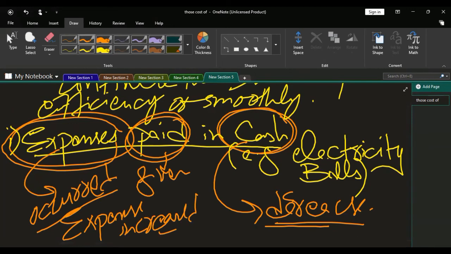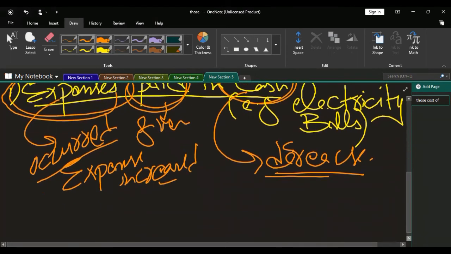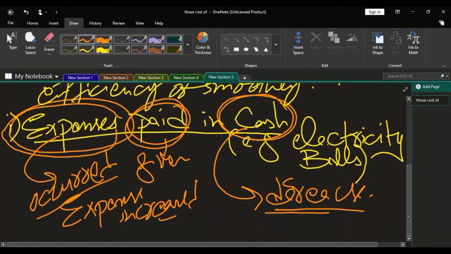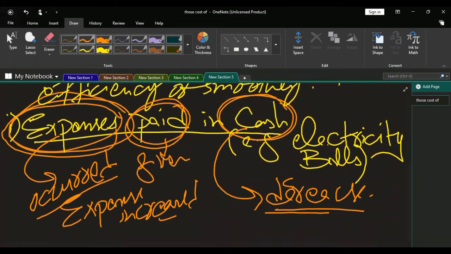So what has happened here is that the expenses of a business before the receipt of the electricity bill were, I am assuming, $10, and after the receipt of the electricity bill, they go to $15.